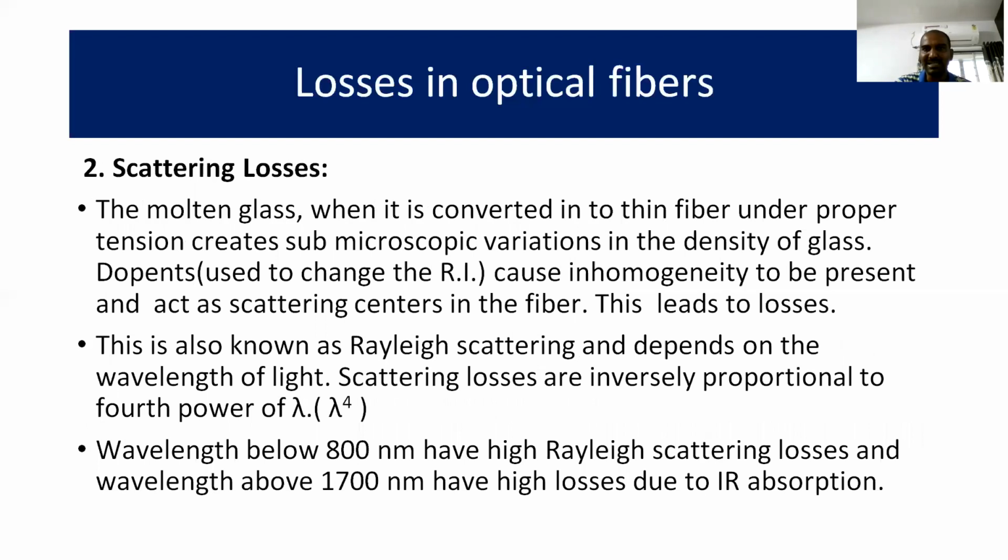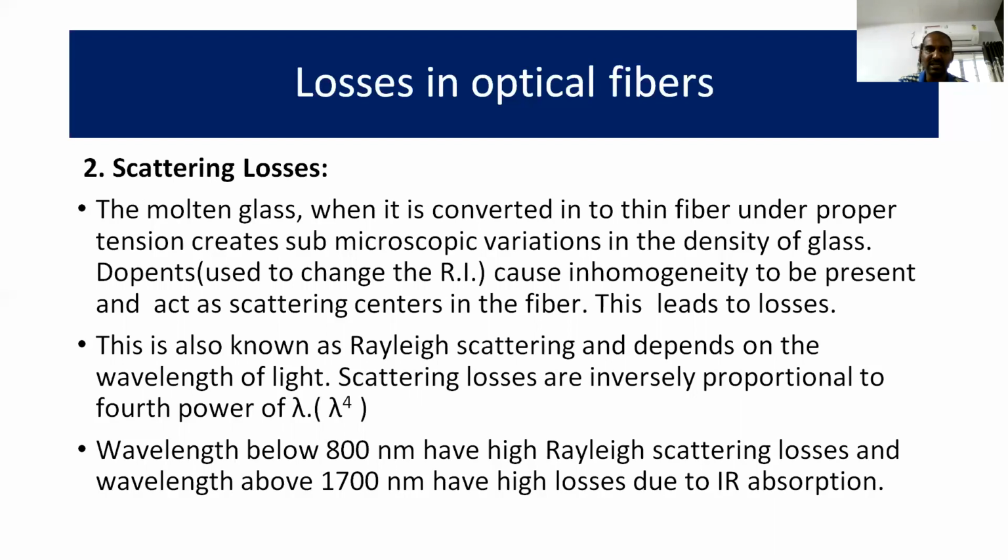The second type of loss is scattering loss. When molten glass is converted into the thin fiber under proper tension, it creates submicroscopic variations in the density of the glass. Dopants, which are usually used to change the refractive index, cause inhomogeneity and act as scattering centers in the fiber.